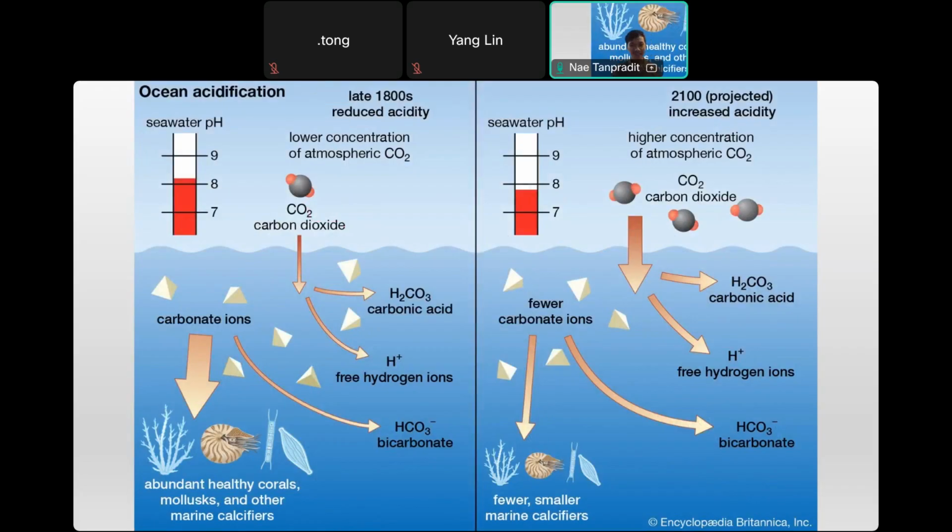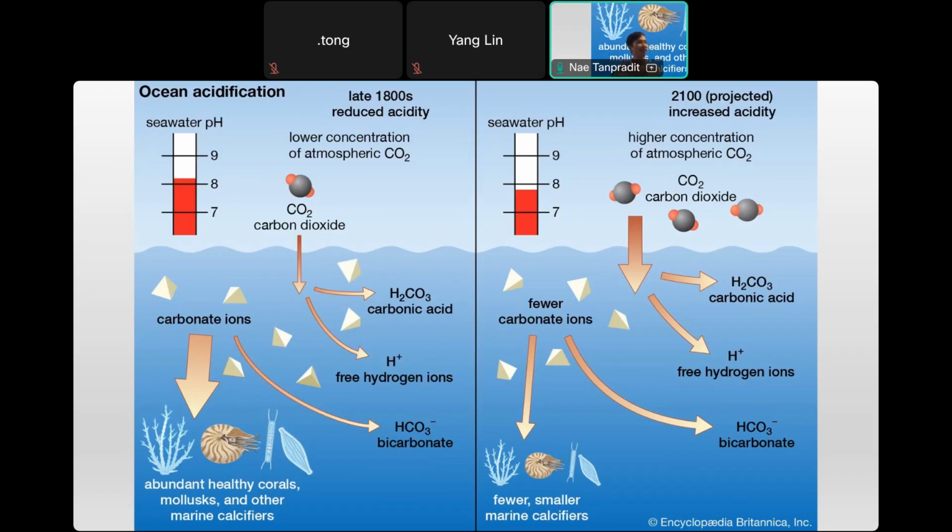What's next is that the animals that live in the sea will have a hard time living, because when you imagine the animals in the sea, many of them have shells on the outside, right? Like many mollusks and the coral reef, they have a strong solid structure made from calcium ions and carbonate ions in the sea.